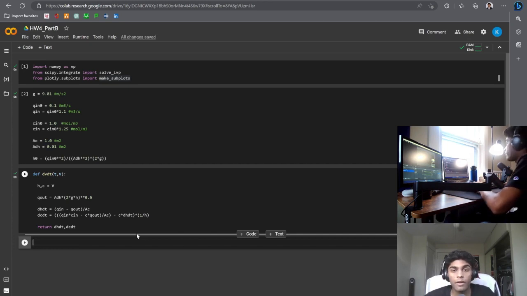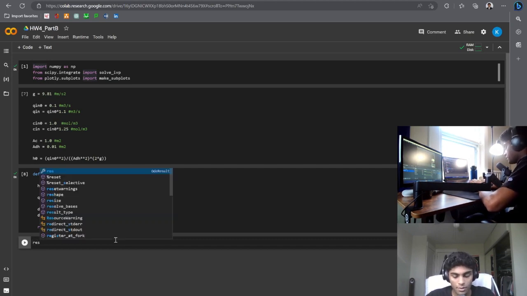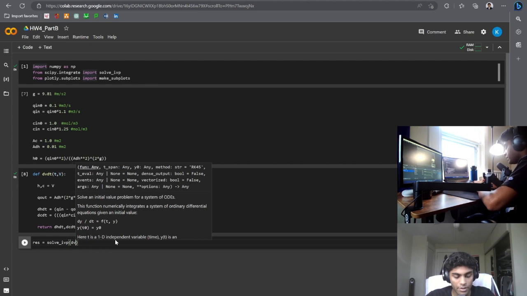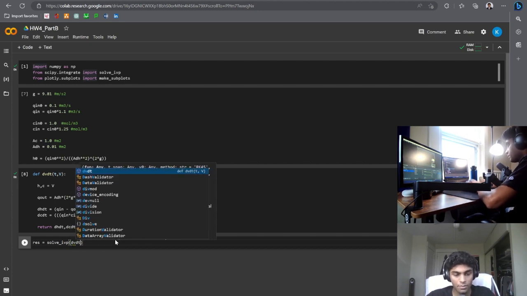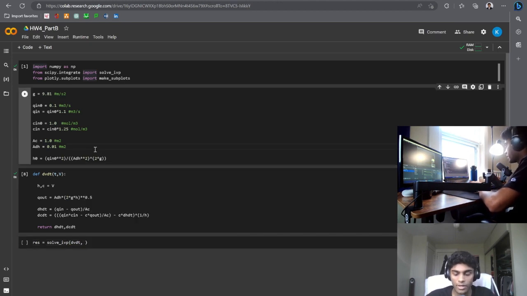Now we use solve IVP to simulate the rest of this tank. So now we're going to call up our old friend solve IVP. So res equals solve IVP. We're going to be solving dv dt. Let's define our time.